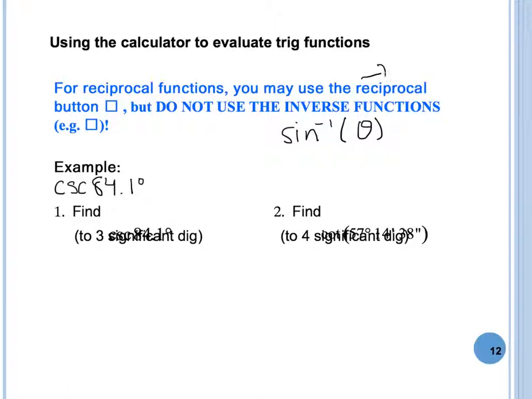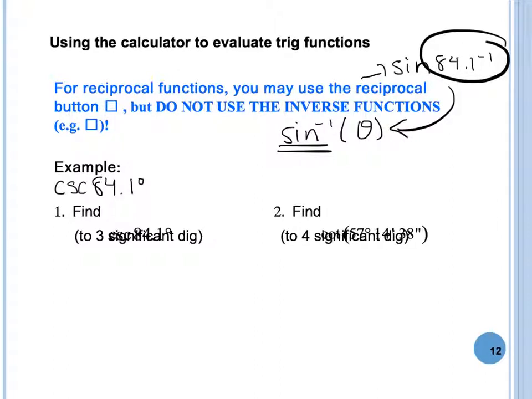This notation about the reciprocal is saying we could use sine of, in this case, 84.1 with the little -1 there, but not the one that requires the second key. I don't like this notation because I think it helps you get confused with the other one. So I'm going to show you a different procedure. We know that cosecant of an angle is 1 over the sine of the angle.